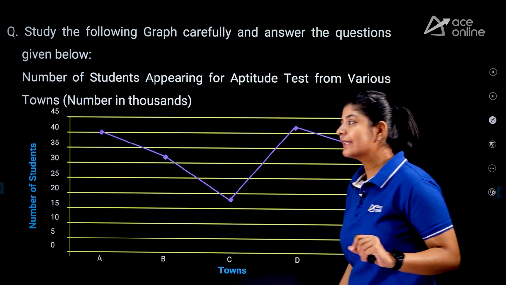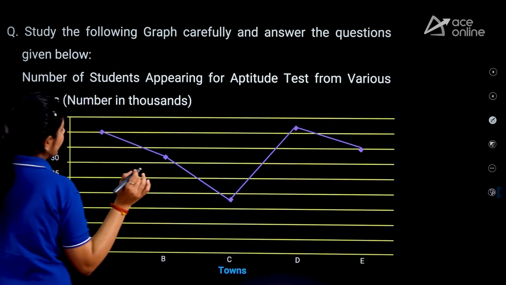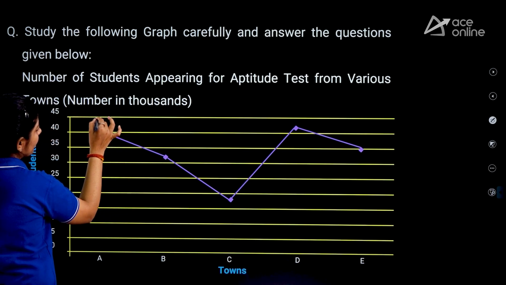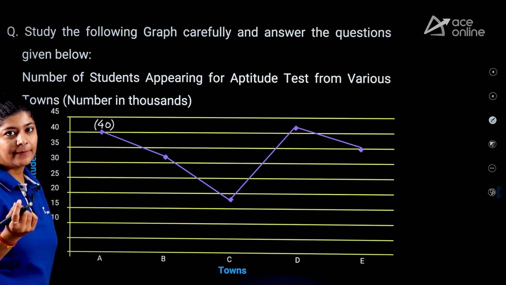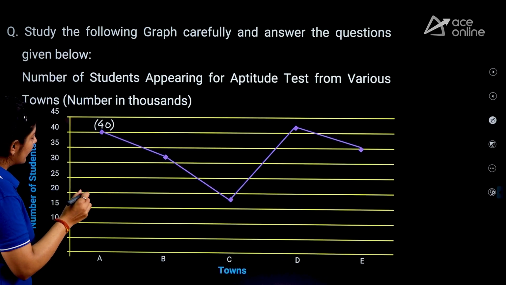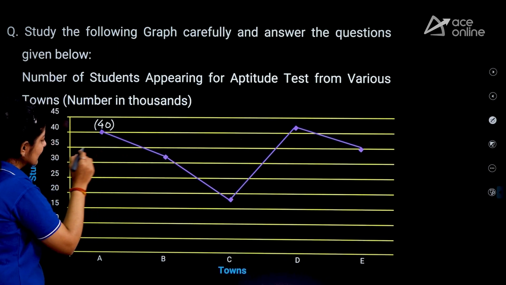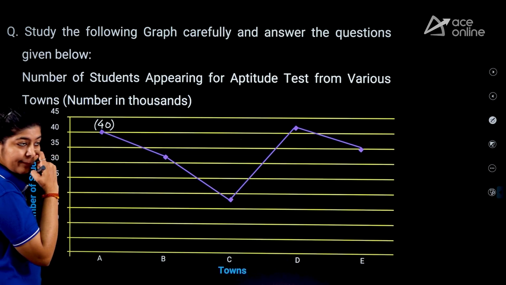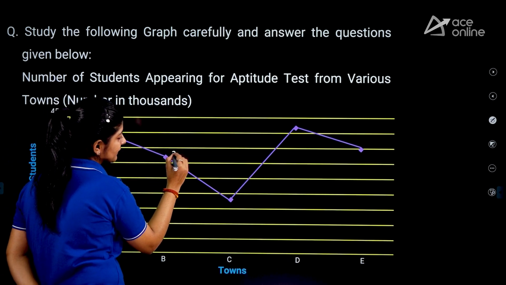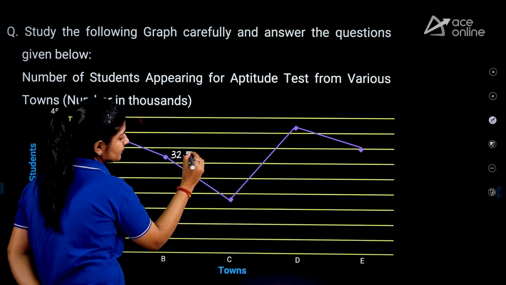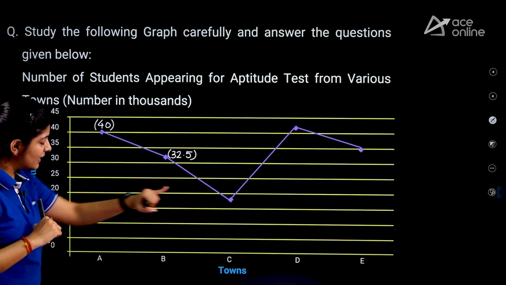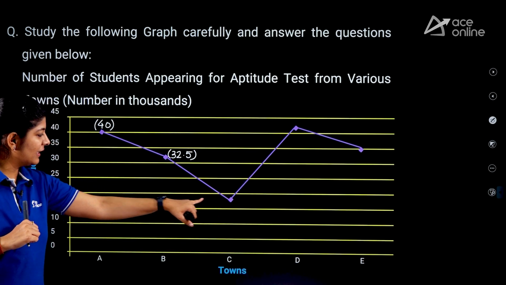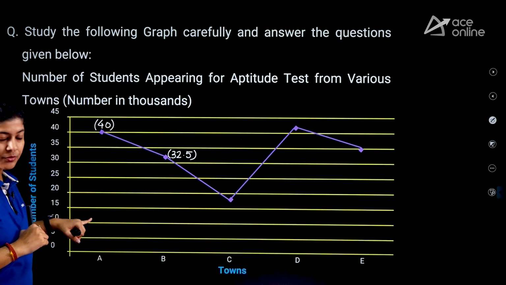So I'm just writing the number over here so that you are not going to confuse in any of the values. Here we are having 40, but in the examination ultimately you need to find out, right? So here this value lies in between 35 to 30. So we can consider it as 32.5. Now this value for town C lies in between 15 to 20.